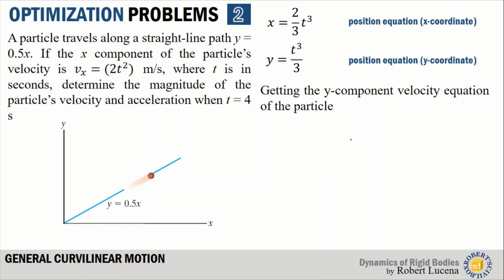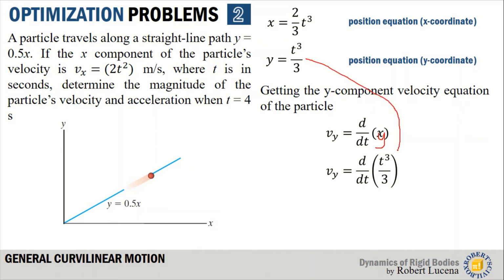Now let's start first with the y component velocity equation of the particle. Differentiating the position equation about y gives us the velocity about y. So vy is simply the derivative of y. Substituting the value of y in this equation yields this one, and performing differentiation, the derivative of t cubed over 3 is t squared.